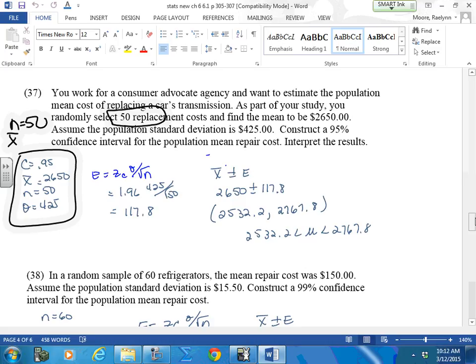Now, when you interpret this, guys, this is so important. Here's your interpretation. You have to use what you said you were going to do.